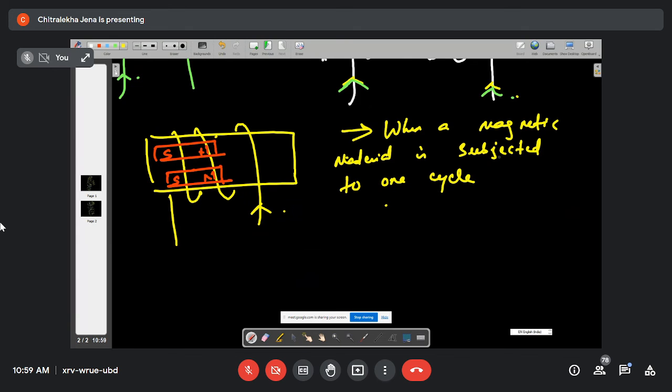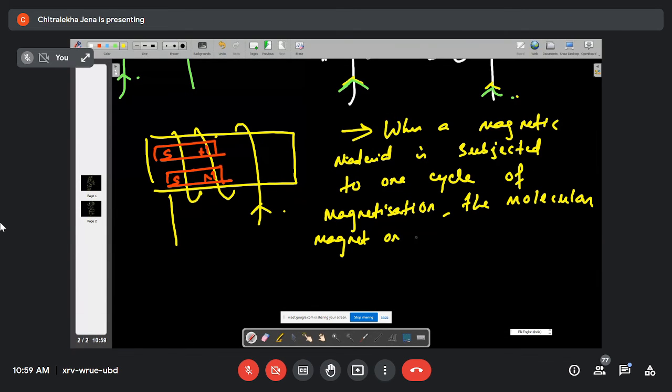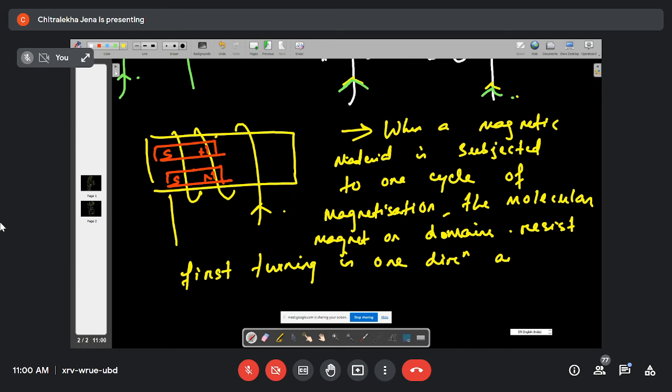Okay. Well, when a magnetic material is subjected to one cycle of magnetization, the molecular magnets or the domains, they resist fast turning in one direction, and then in the other.